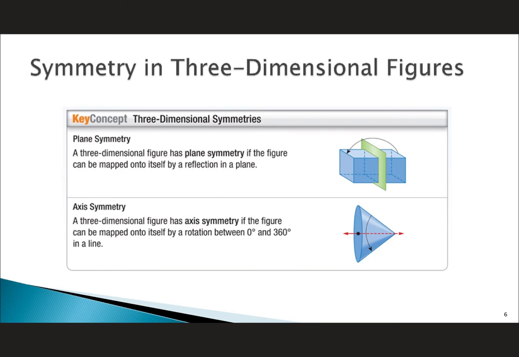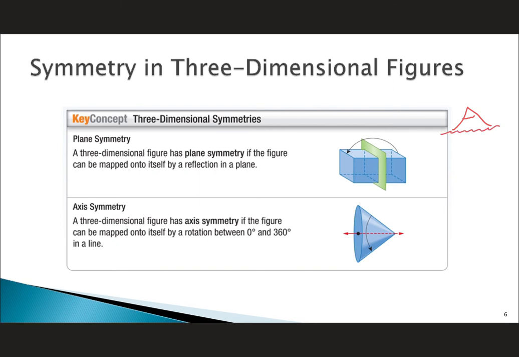Plane symmetry is if the figure can be mapped onto itself by a reflection in a plane. So instead of just a line reflecting over another line, you've now got a 3D object reflecting over a plane. Think about this as basically like a mountain. Here's my mountain. Isn't it beautiful?